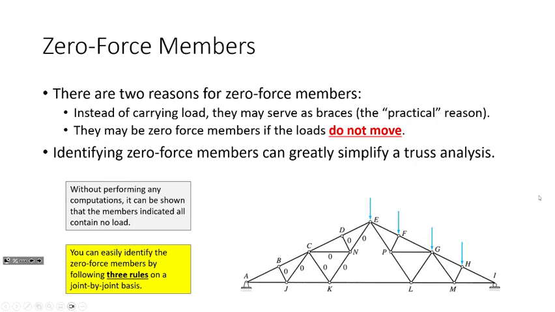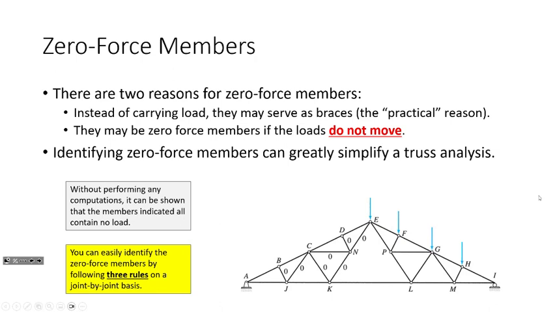But the other, and this is also going to be very true in here, is that the zero force members might only be zero force members for the loads in a given position. What if the loads move? Here's a truss, I've got loads here, and I've got some zero force members. What if the loads move? And what type of structures do you think we care about when we're talking about loads that move?